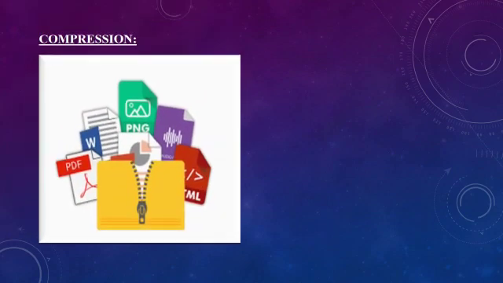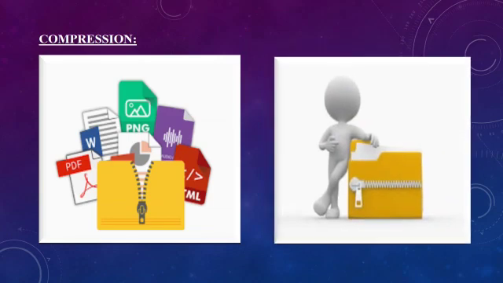Compression. It is the process that shrinks files so that less disk space is occupied. The files that are bigger in size need to be compressed while sending an email. Children, you can clearly see the image on the screen.